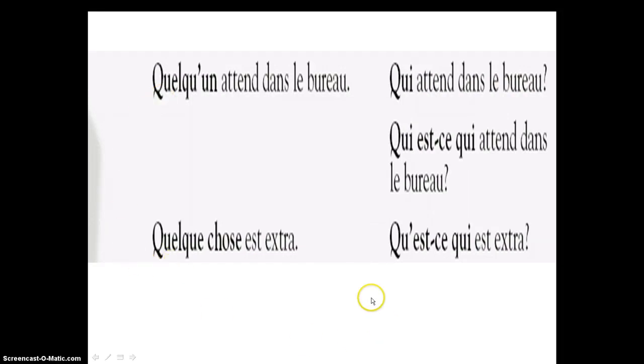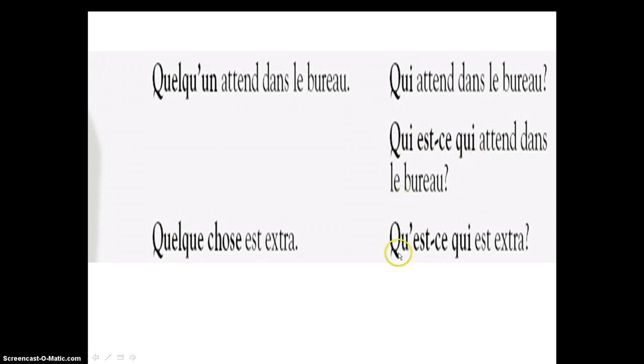So you're going to say "qu'est-ce qui est extra." Let's look here real quick. This qui here, emphasizing the subject, goes right before the verb. You see here, qui is a subject. Here the subject is a person, so you're going to say qui right here because it's a person. Here this qui is there because it's a subject.